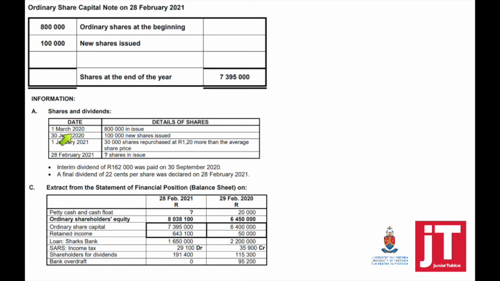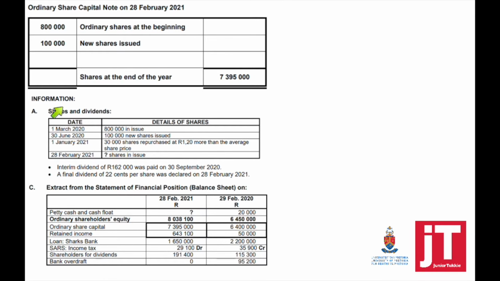The information on the 1st of March 2020, which is the beginning: 800,000 in issue. It's provided to you on the answer booklet, 800,000 ordinary shares at the beginning. On 30 June 2020, 100,000 new shares were issued. So they provided that to you, 100,000 new shares issued, but we don't know at what price.